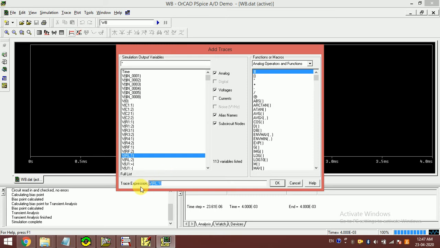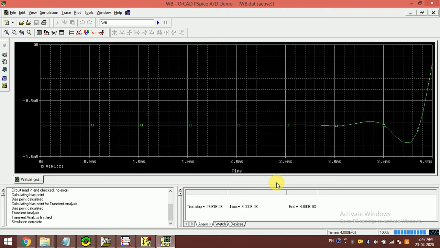RL is to 2, I have to plot. Okay, now something is coming, but what is coming? You see, it is in the millivolts range actually.